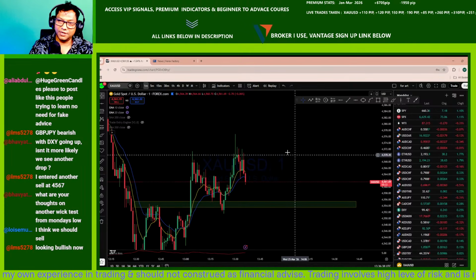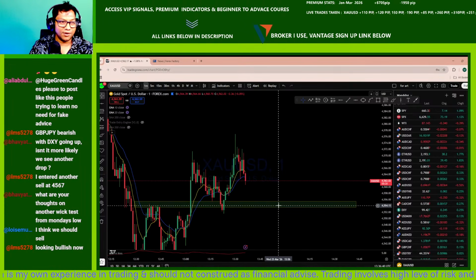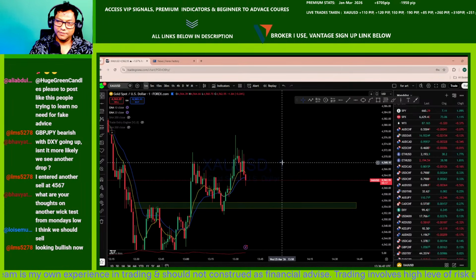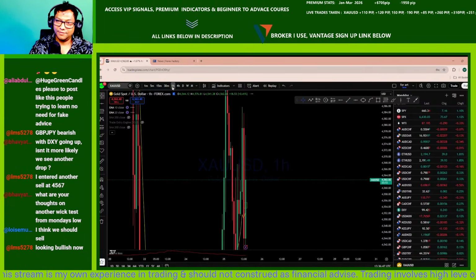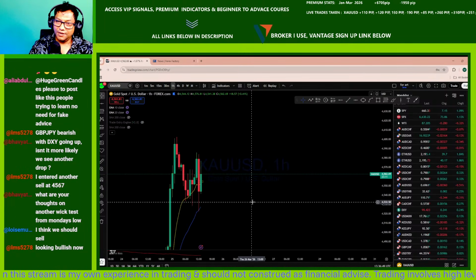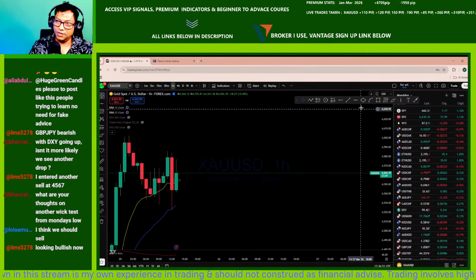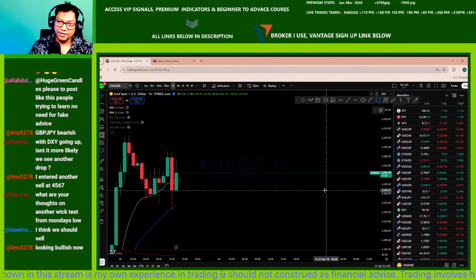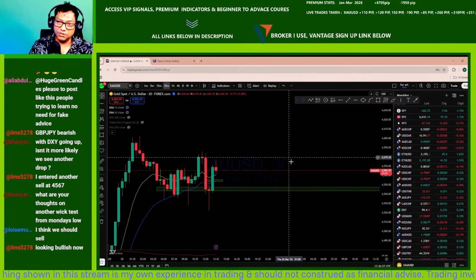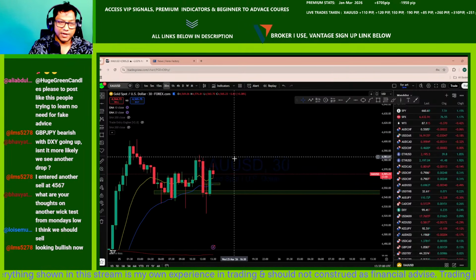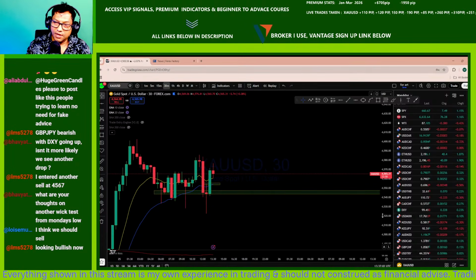Okay, so after creating a new higher high, it's breaking that low. Now this is the 1 hour support that you can see the market has come back to, and off that 1 hour support, I'm looking at this market to eventually move up.